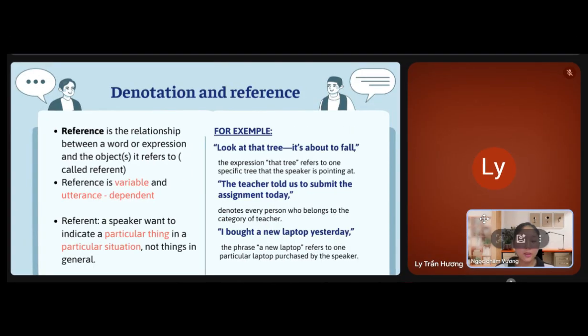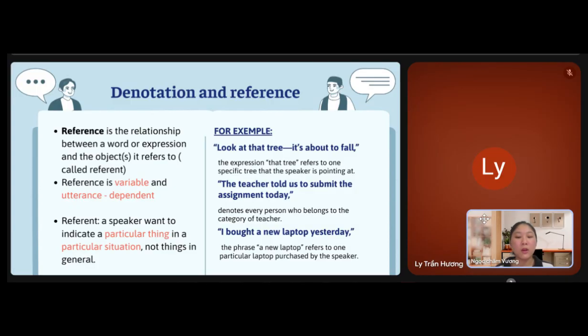on the other hand is the relationship between a word or expression and the specific object it refers to in a particular context. This object is called the referent.